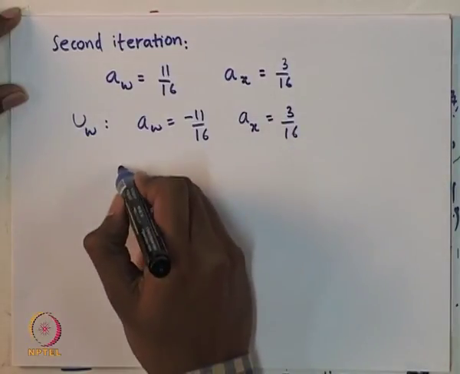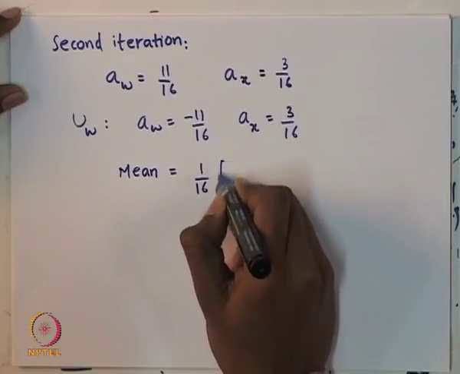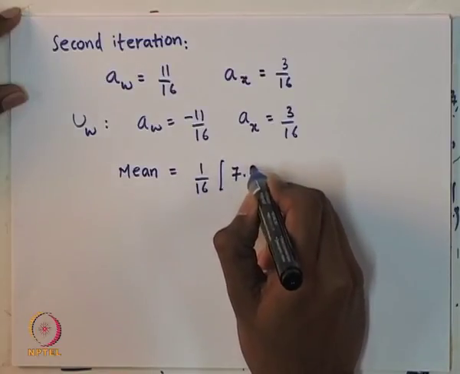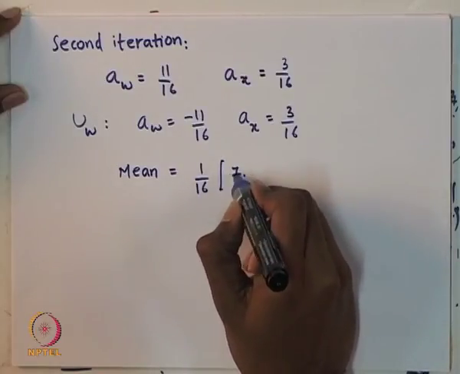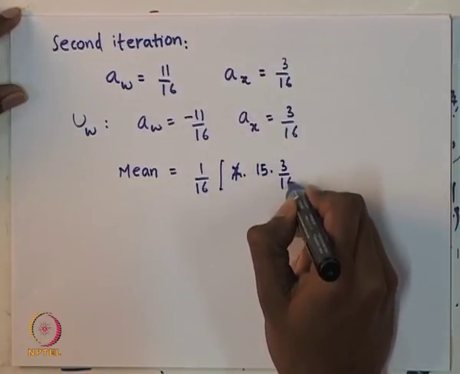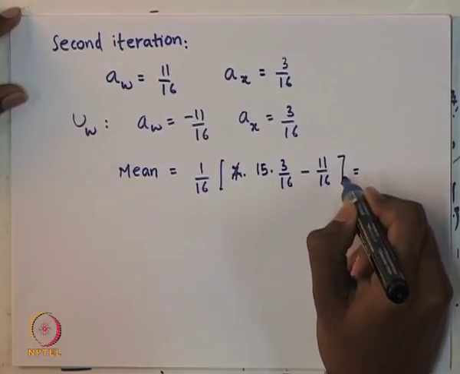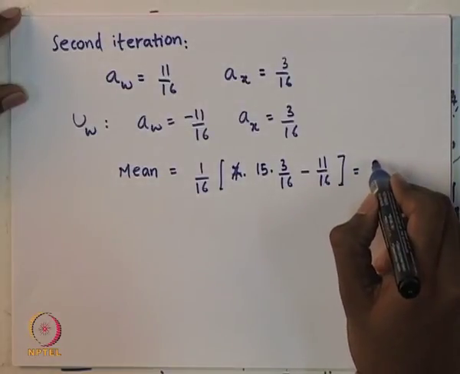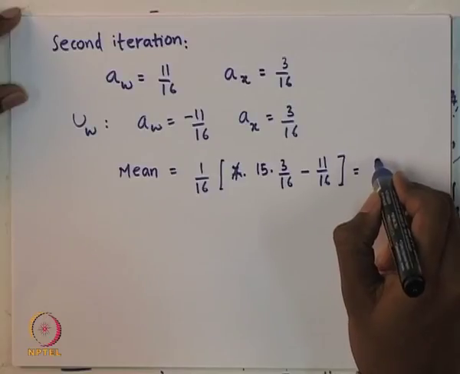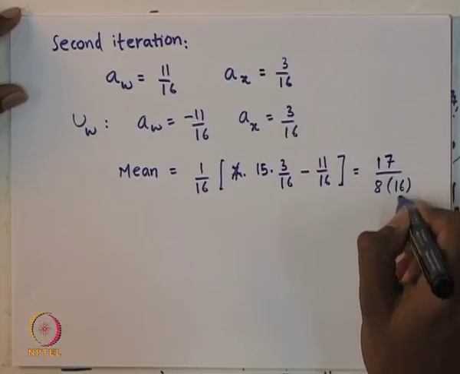So the mean would be 1 divided by 16 times, here we have 15 unmarked states. So the mean is 17 divided by 8 times 16.